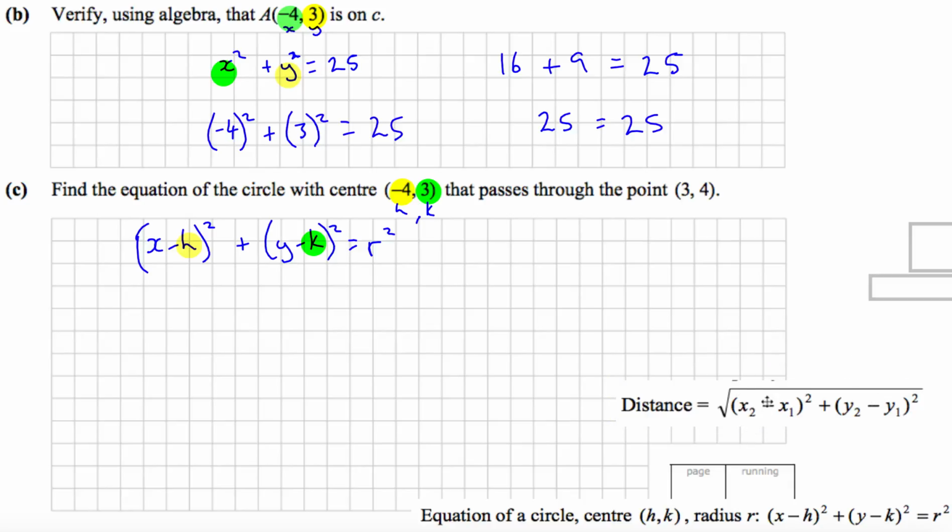Also in your tables book, the distance formula, which is this formula here. If we label these points, we can call this point x1, y1, and this point x2, y2, and we're going to just plug those values into this formula here to find the distance. That distance is going to be our radius in this case.